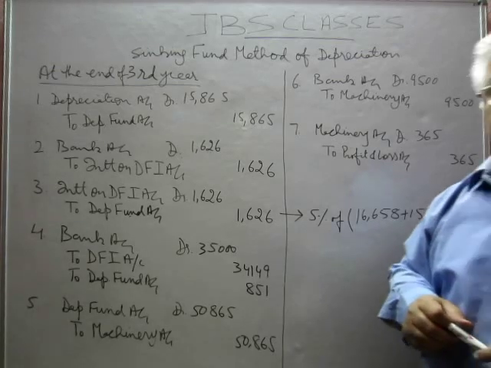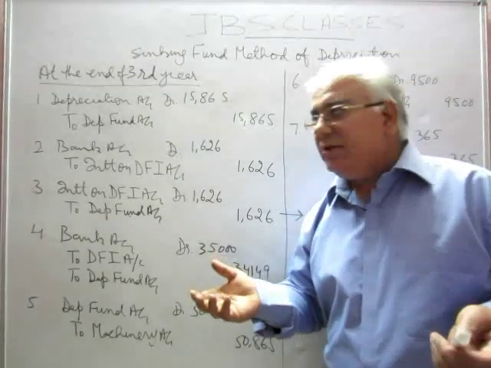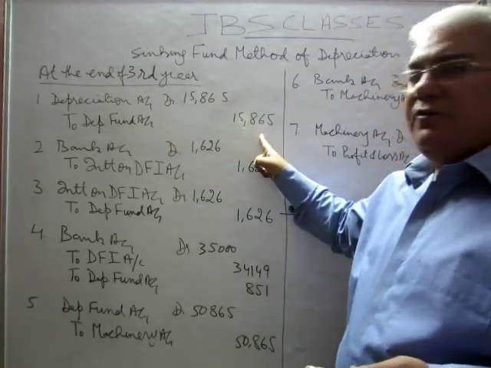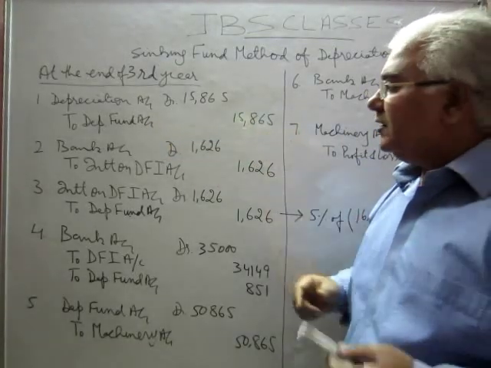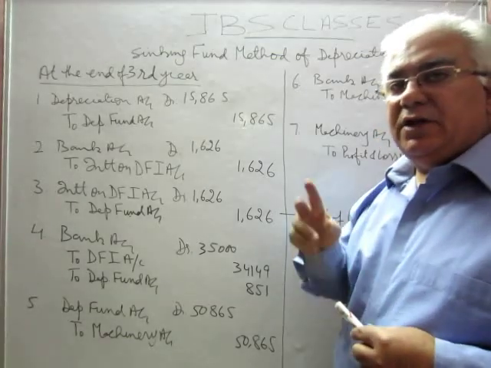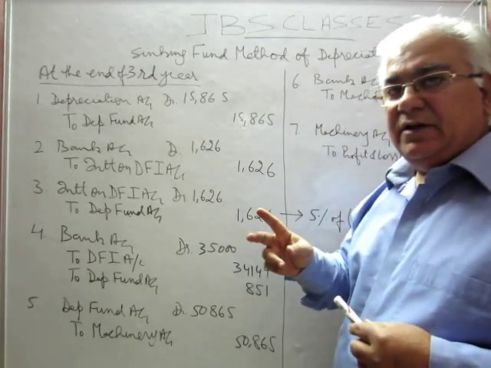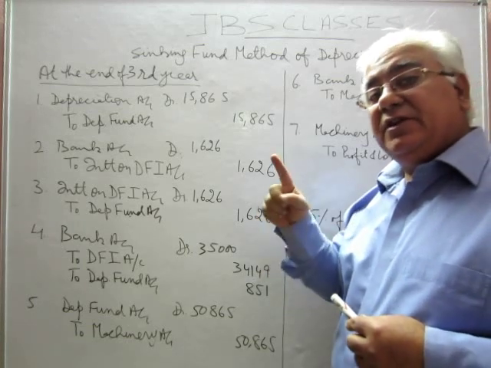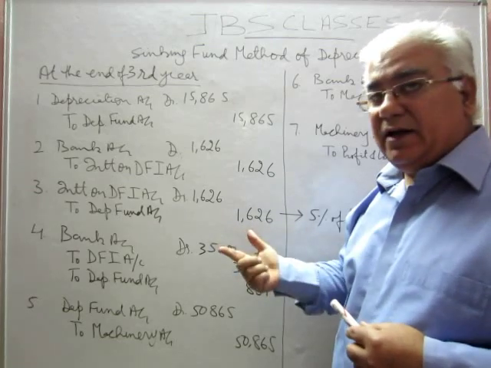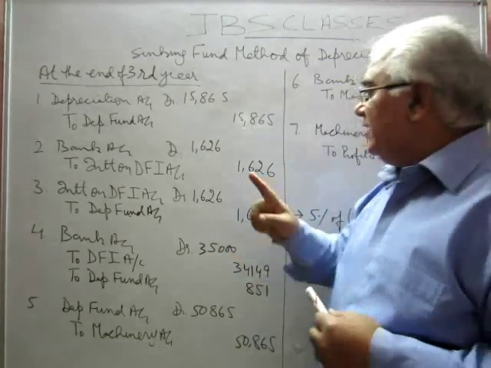At the end of third year, as usual, we will charge depreciation, and the entry will be depreciation to depreciation fund account 15,865 as usual. Then we will receive interest on the two securities we have. That is, first we invested at the end of first year, and the second one which we invested at the end of second year. 5% on them we get.